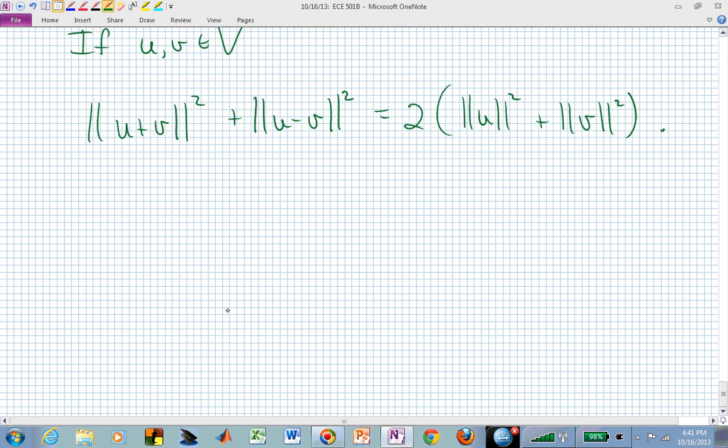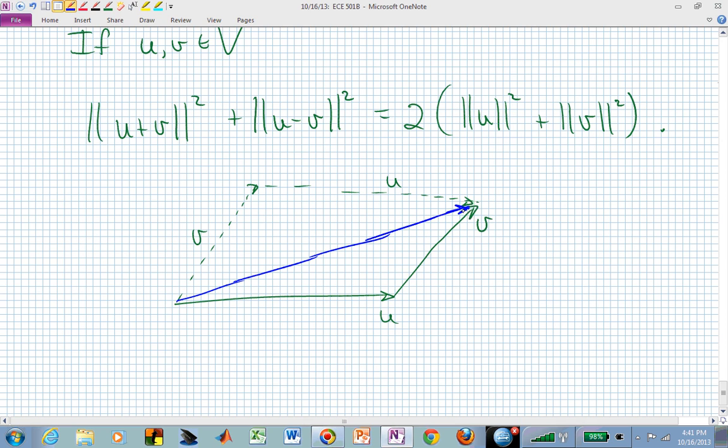Pictorially, if I went, let's say u here, and then v there, then if I produced a parallelogram, this is also u, and this is also supposed to be v. That's not a very good drawing. That's why I kind of refrain from drawing. But this is what?